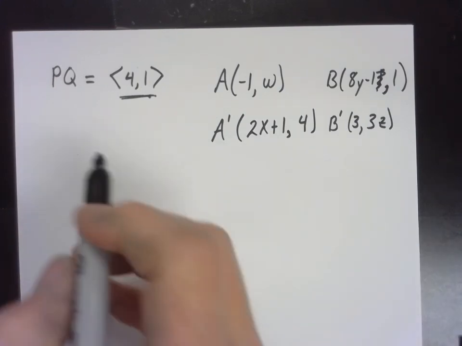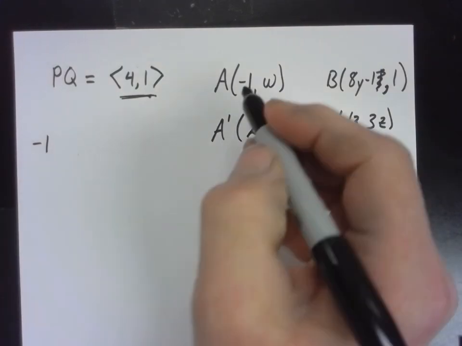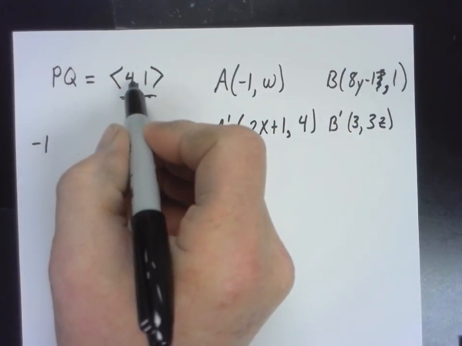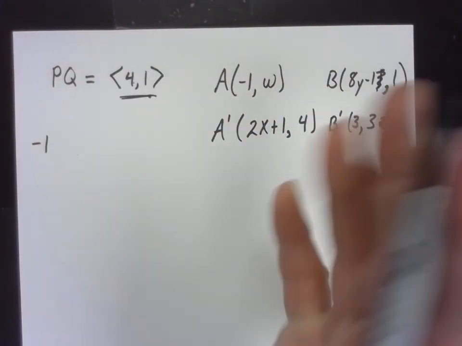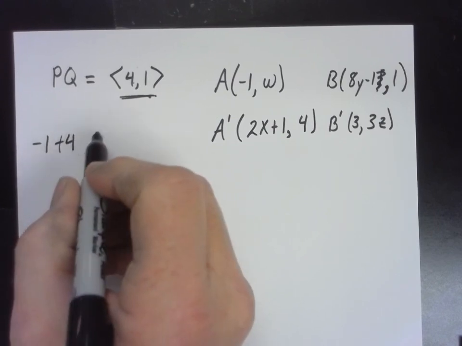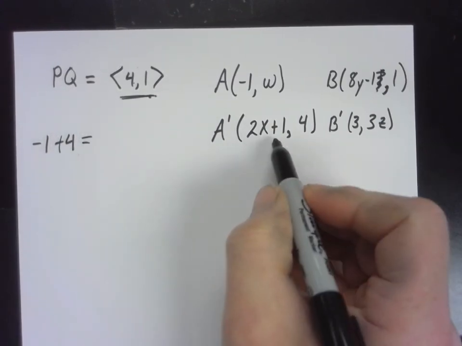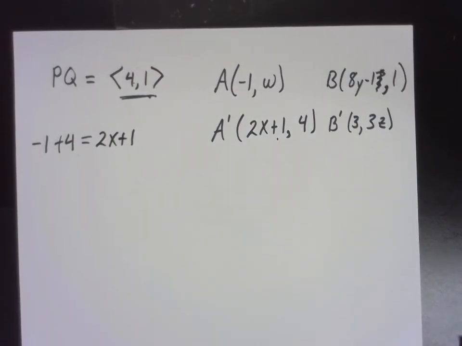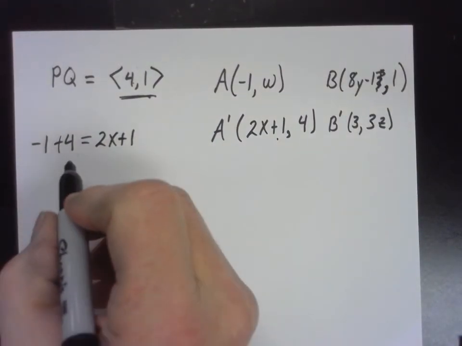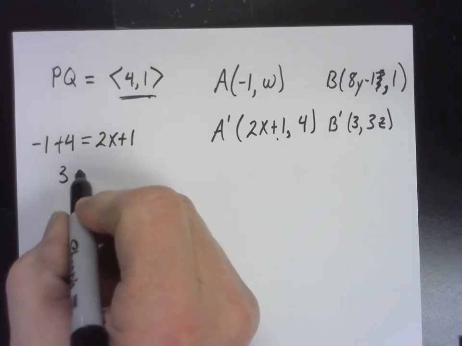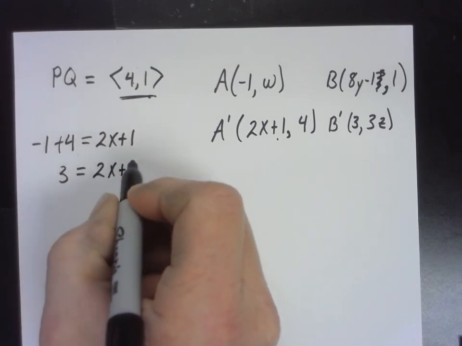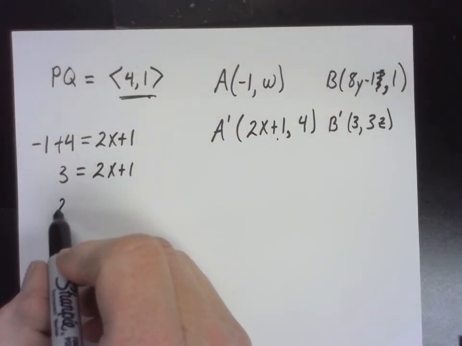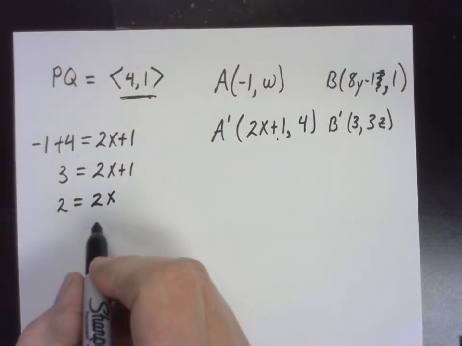Okay. So we're starting at -1 in this x coordinate, right? And then we're doing this mapping function. We're adding 4. We're going to the right 4, so I'm just going to add 4. And we know where we end up. We end up at 2x plus 1. So I propose that 3 is equal to 2x plus 1, or that 2 is equal to 2x, or that x equals 1.